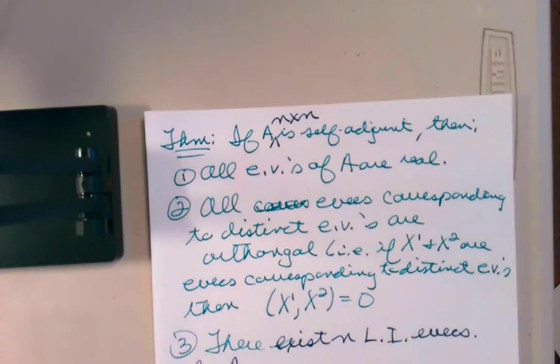And then finally, we can always choose a full set, that means n, of eigenvectors so that any two eigenvectors are mutually orthogonal.